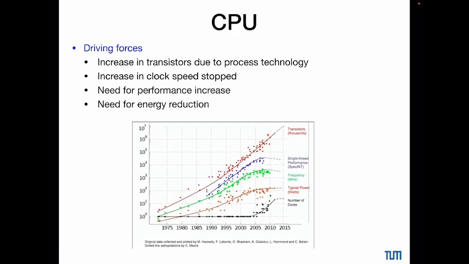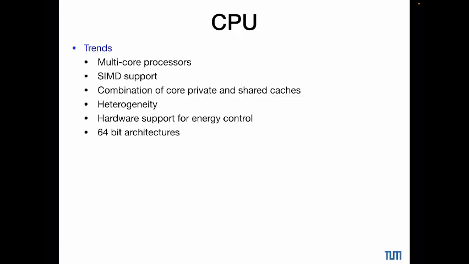So we actually have to parallelize our applications to get more performance, right? And so that can mean that you actually use really multiple cores, but it can also mean that you have multiple threads using the hardware more efficiently on a single core. Good. So the trends are basically we have multi-core processors everywhere.